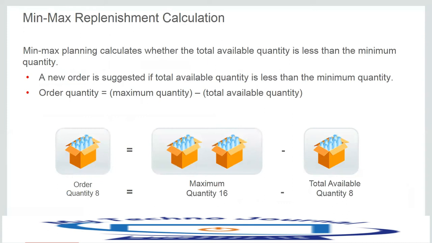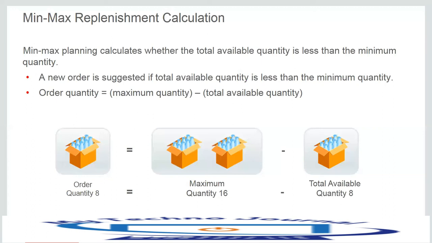There is an example given over here. Let's say the maximum quantity which you have set for an item is 16, the minimum quantity you have set is 10, and the on-hand quantity is 8 as of now. Because the minimum quantity is set as 10 and the on-hand is only 8, it is a candidate for replenishment. Now it has to order.